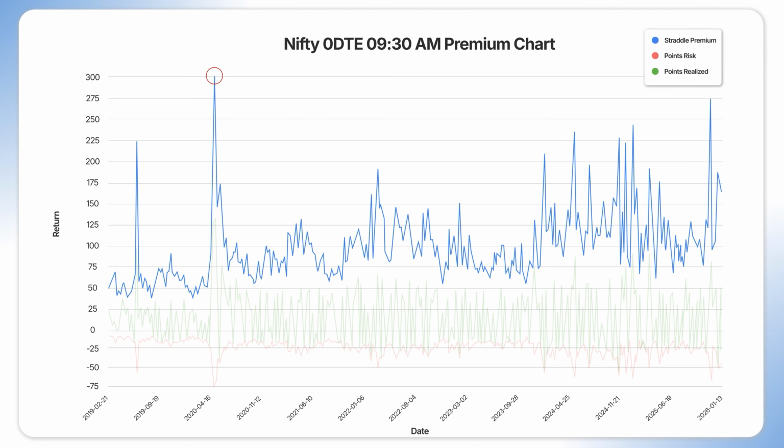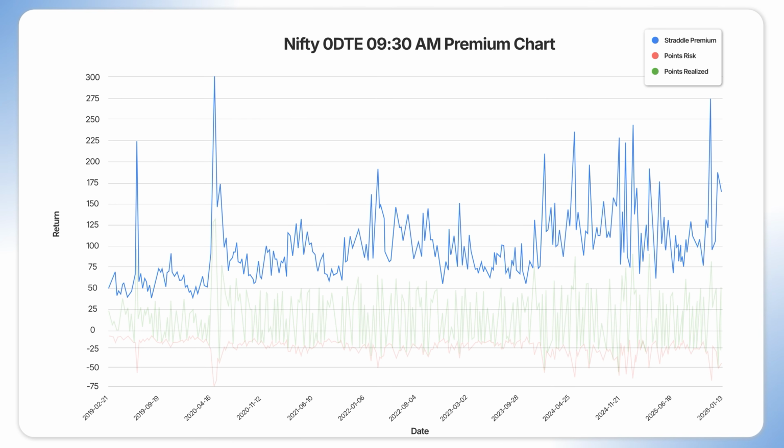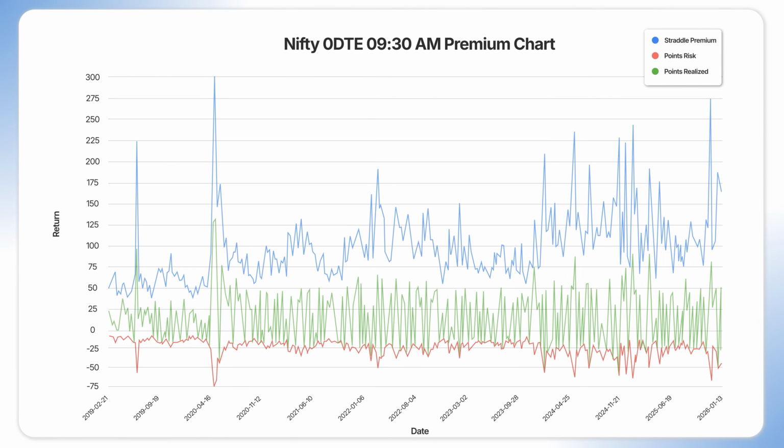So 300 rupees premium in 2020 means call plus put was 300. Yes, at the money call plus at the money put, the straddle premium is 300 points at 9:30 a.m. You can see in recent times when the war-related instability was there, the premium has again shot up to something like 275 points on the expiry day.